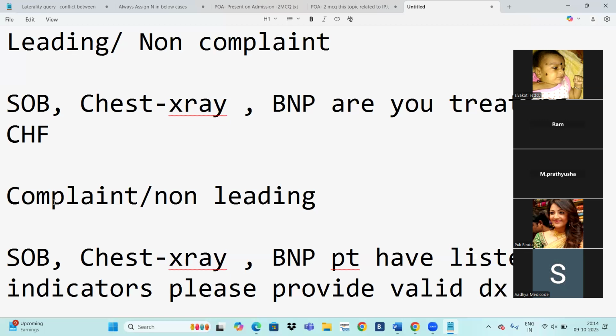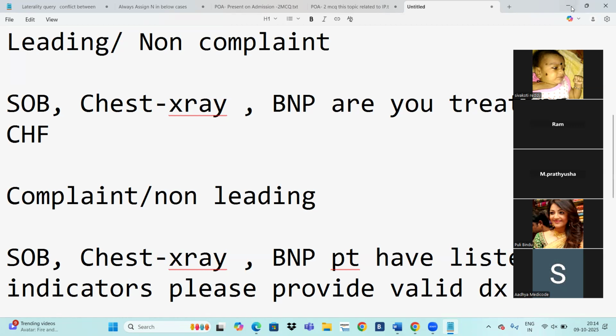It should be a compliant or non-leading query. Clear? In simple form, if they give indicators and also mention a diagnosis along with them, it is leading. If they mention only indicators and then ask the provider to provide the diagnosis, it is non-leading or compliant.